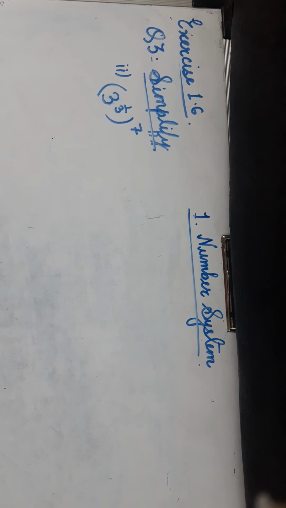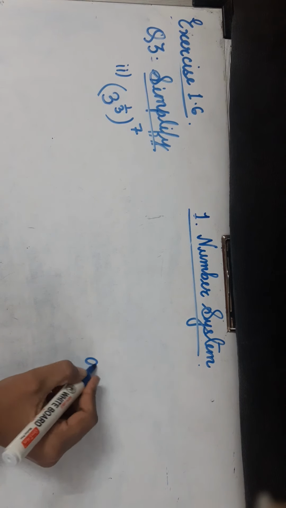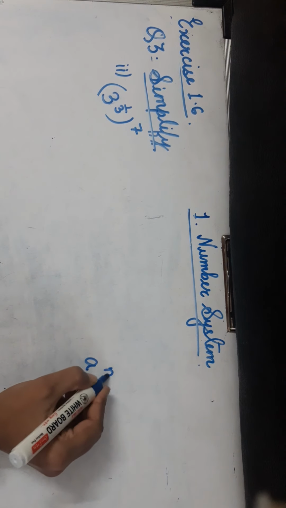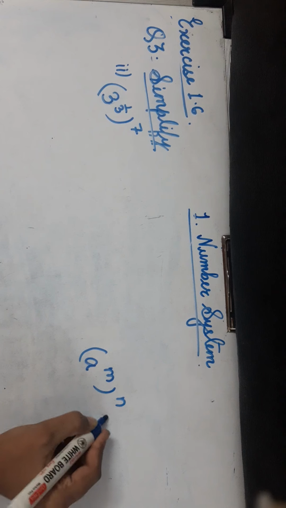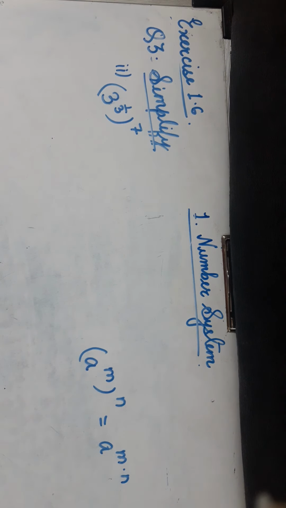The next question is 3 raised to 1 by 3 whole raised to 7. So if you remember the law, a raised to m whole raised to n is equal to a raised to m into n.